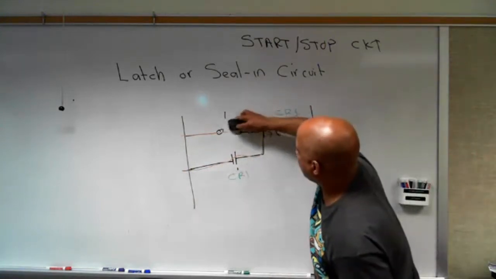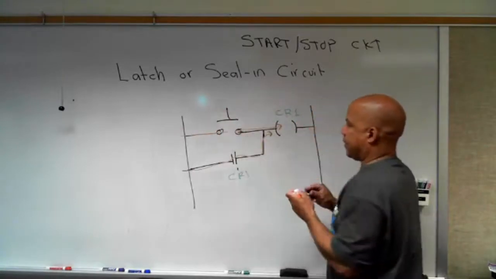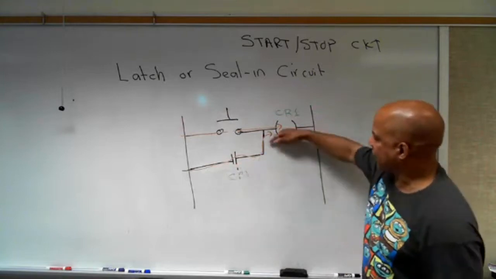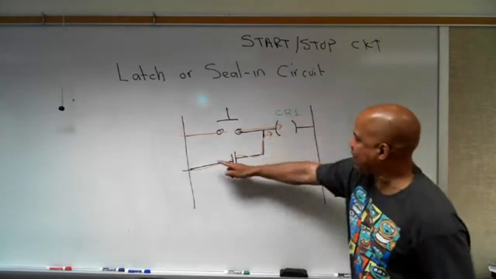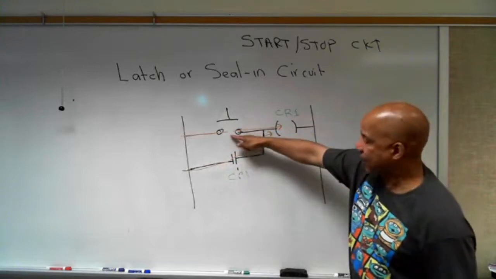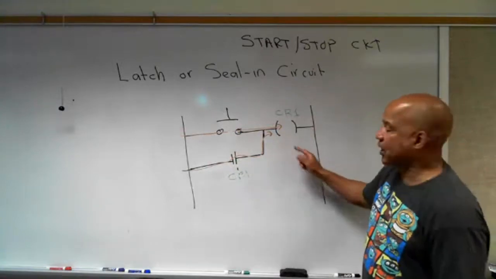When I let this go and turn this switch off, since this is true now, current now has a path through here. This is an OR, so either one of these has to be true, right? This is false now, but that's still true, so this thing stays on, it's latched.